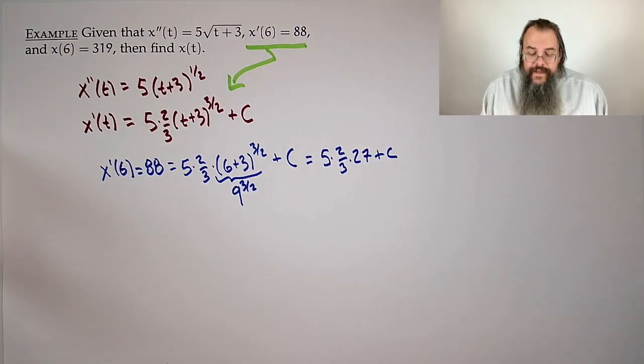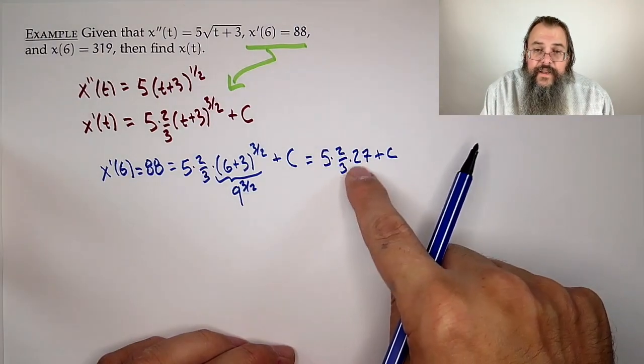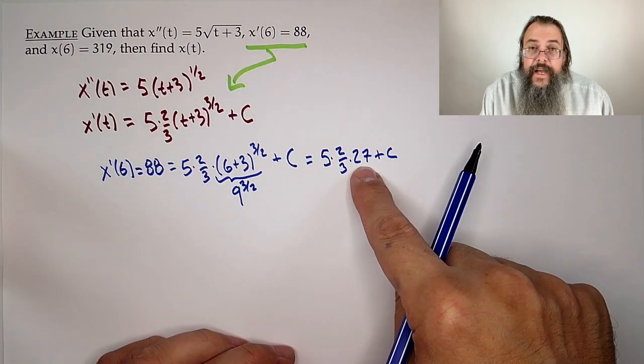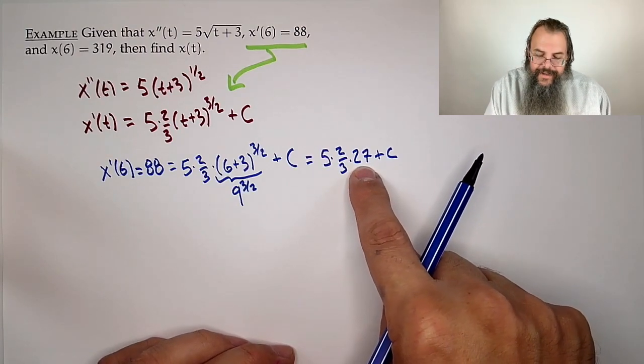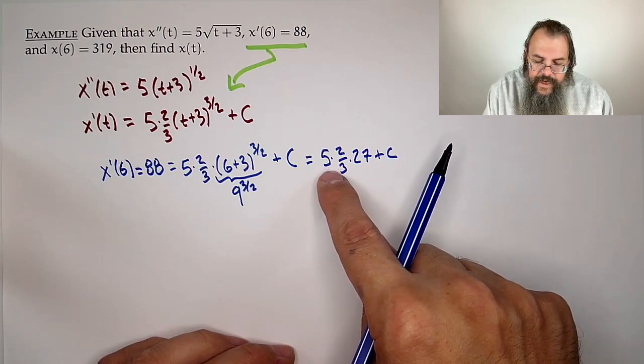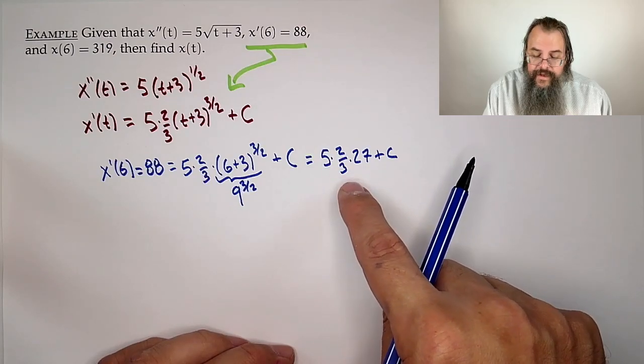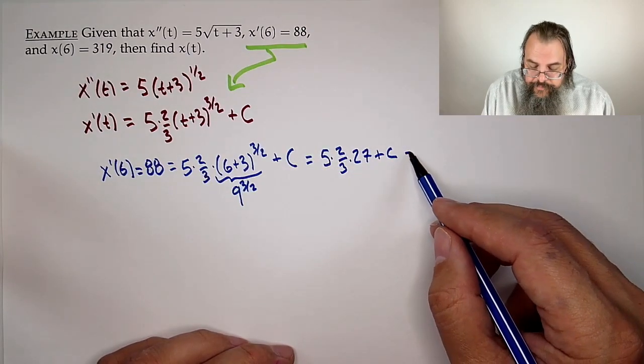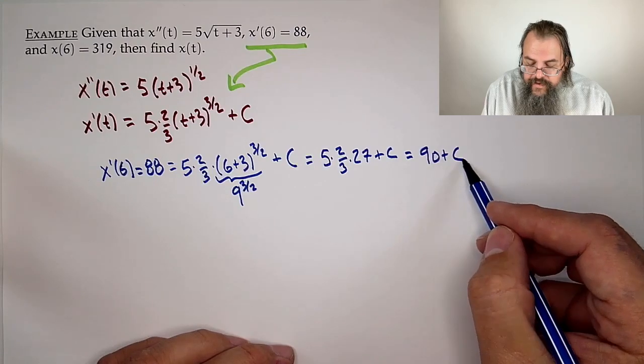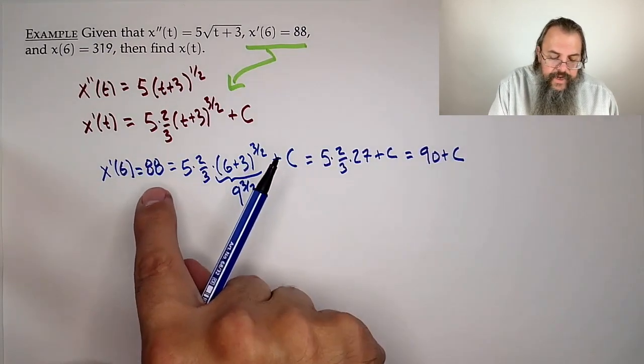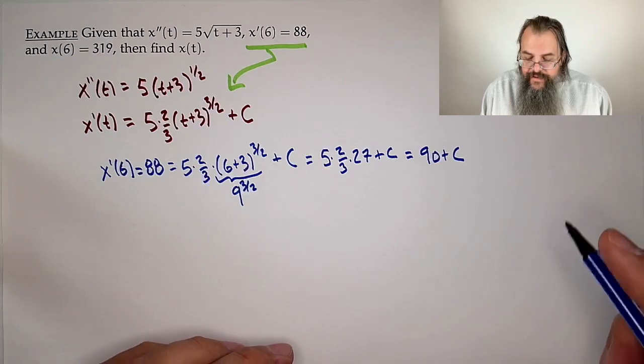And we say, oh, great. 3 goes into 27. That would be 9. All right, great. So 9, and then times 5 times 2, that's like 9 times 10, which is 90. So that's 90 plus our constant c. And now we're like, oh, 88 equals 90 plus c.